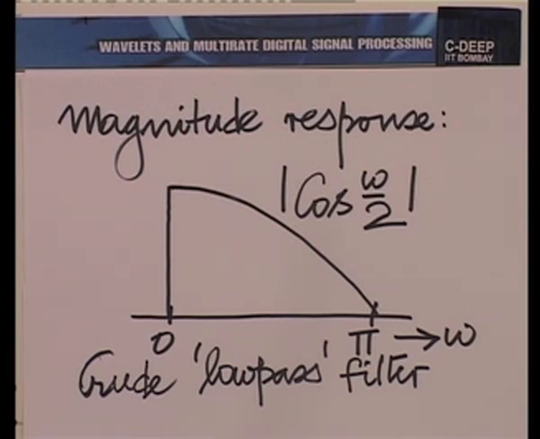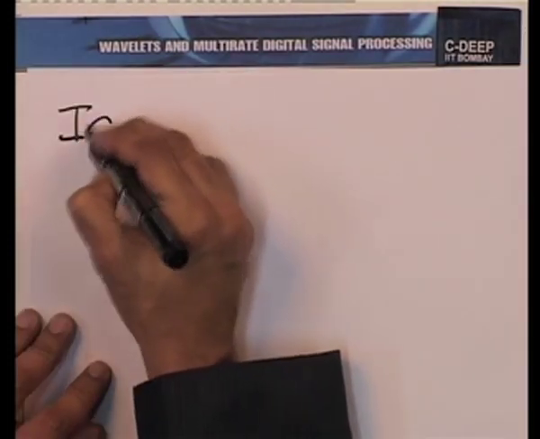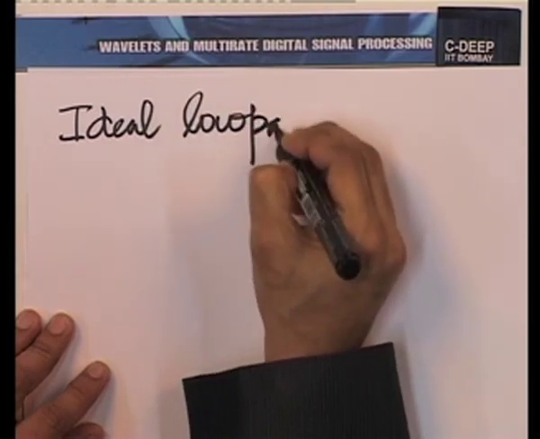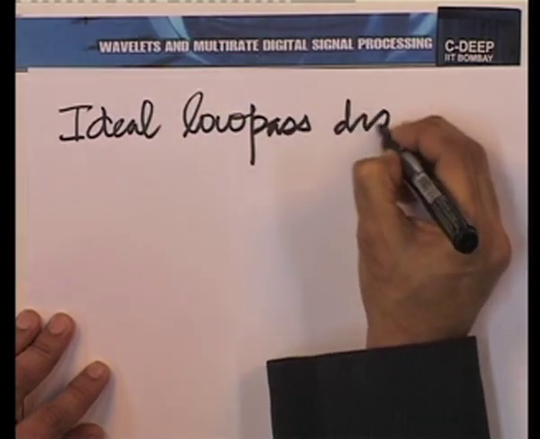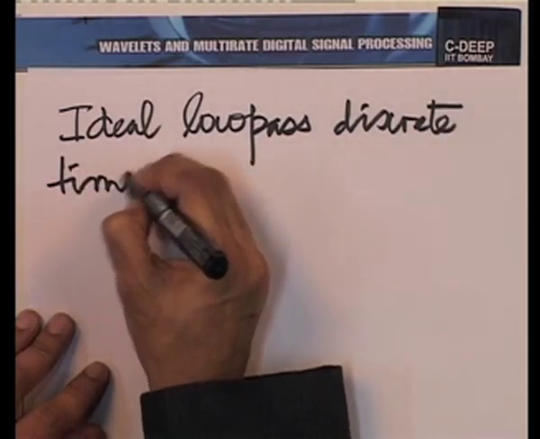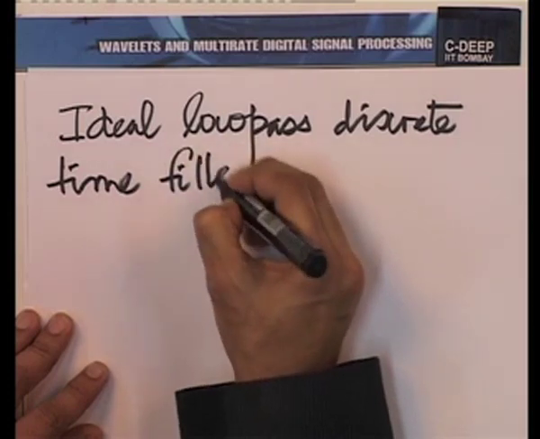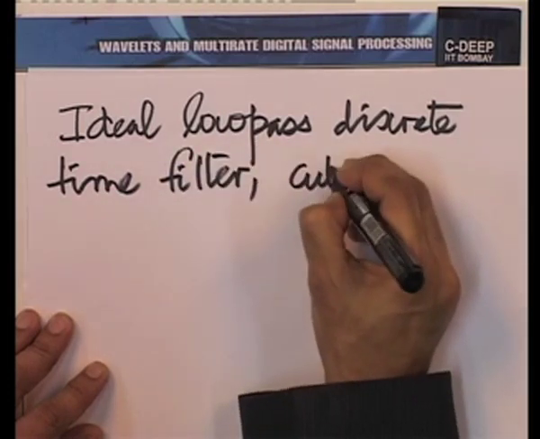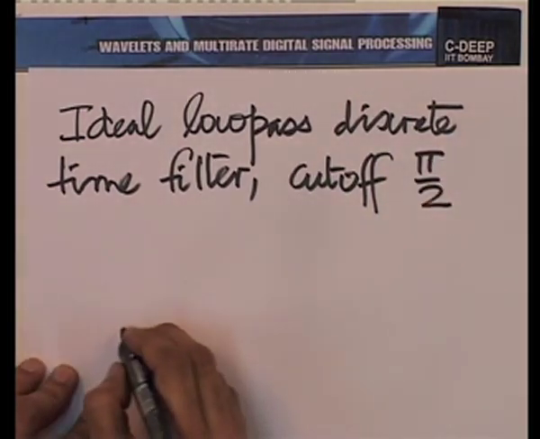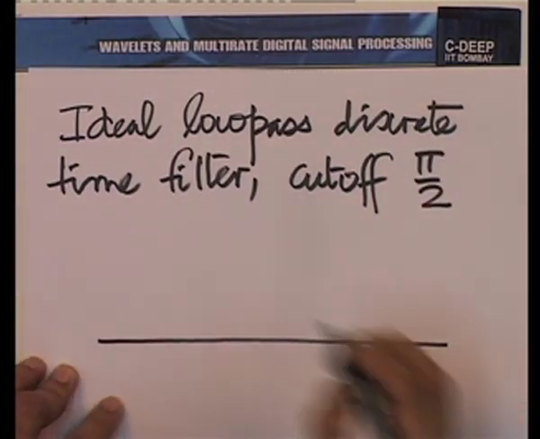In fact, if you had an ideal low pass filter, then of course, you need to specify the cutoff too. So, an ideal low pass discrete time filter with a cutoff of pi by 2 would look something like this. I mean, in the magnitude sense.